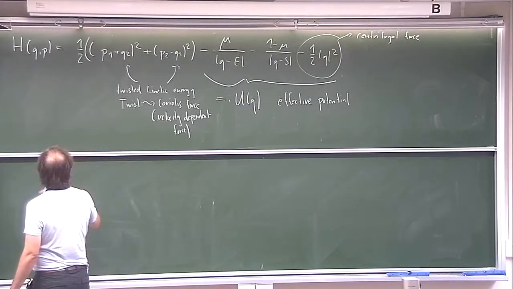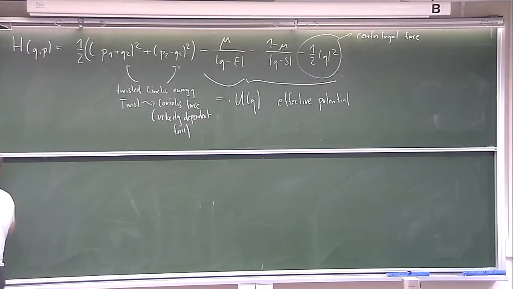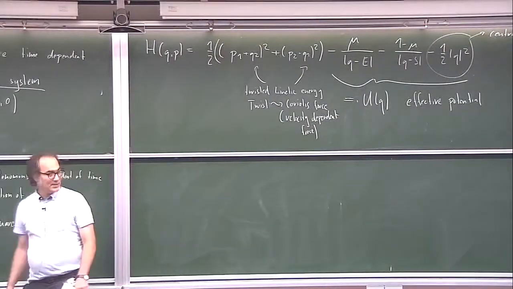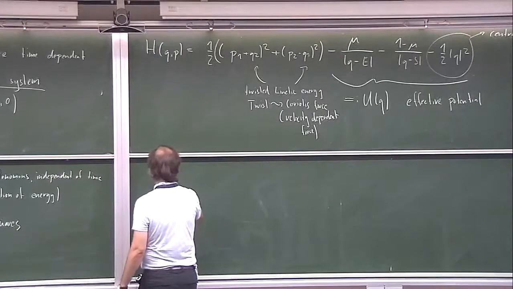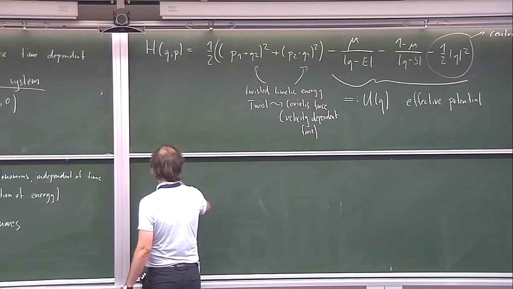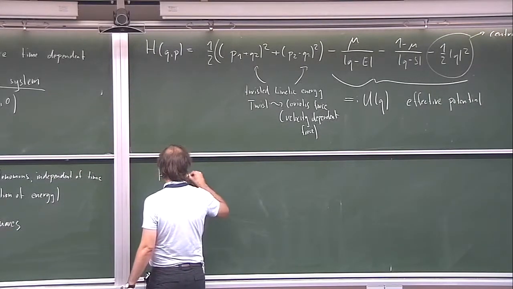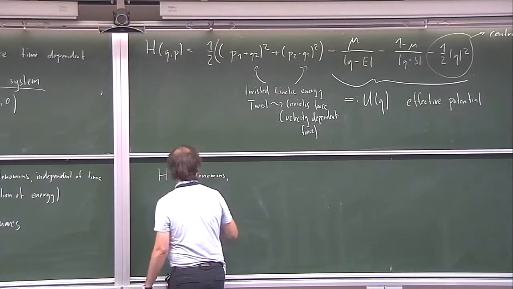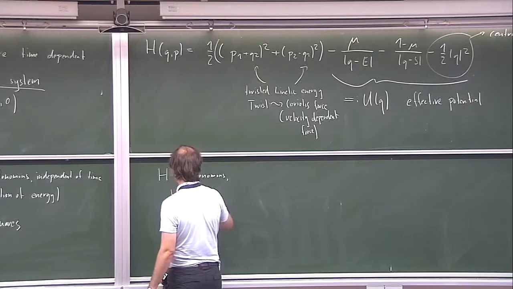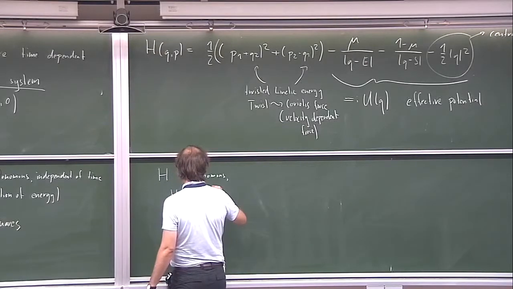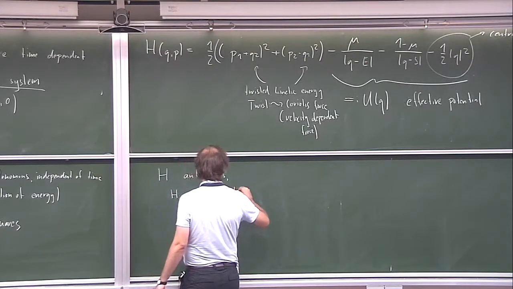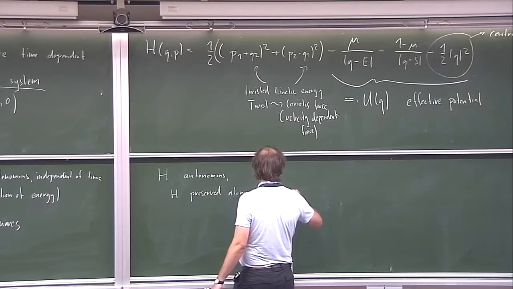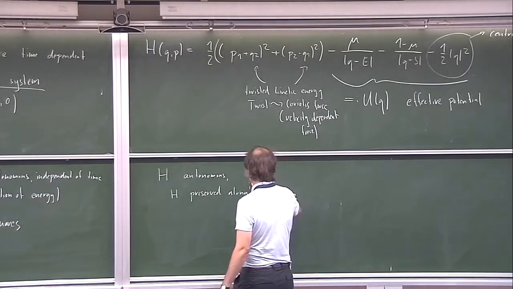Now, because H is autonomous, energy is preserved, so we can look at energy hypersurfaces. H is preserved along its Hamiltonian flow.